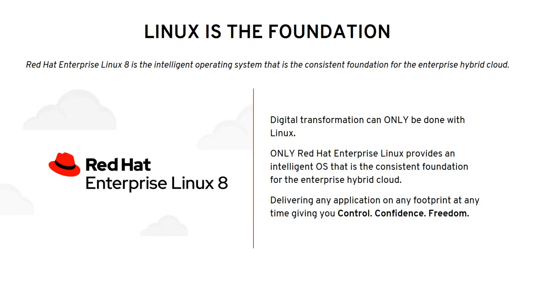So delivering any application on any footprint at any time, giving you control, confidence, and freedom. Okay, so you will get complete control of your environment, application availability, application performance, and security first of all, and you will also get confidence in your environment.